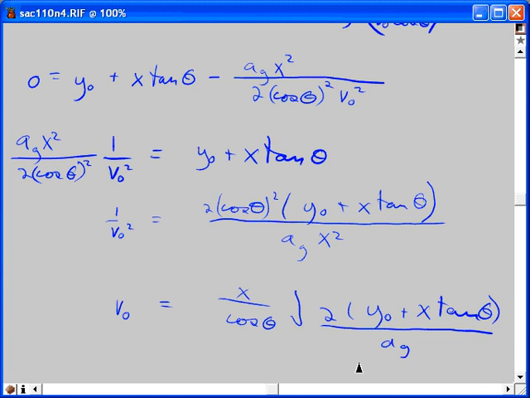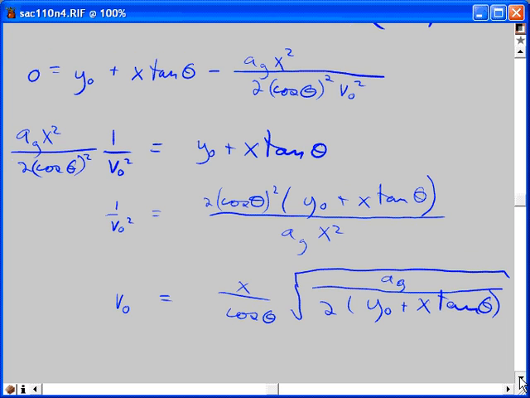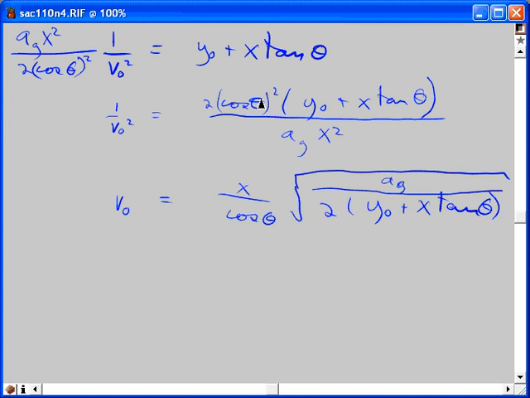No. Oh, under a sub g because I'm taking the reciprocal. There we go. Took the reciprocal and the square root of both sides. Reciprocal of this piece, square root, is x over cosine theta, and the square root of the reciprocal of the 2 times this divided by that is this piece, divided by the 2 times the quantity in parentheses. So I think I'm ready to evaluate this expression.